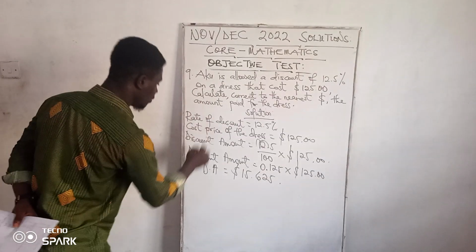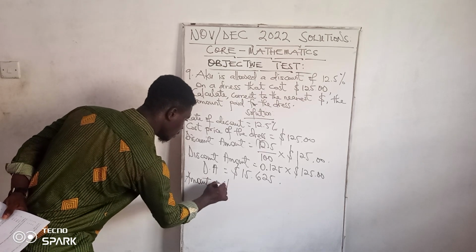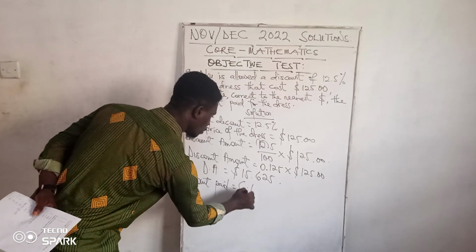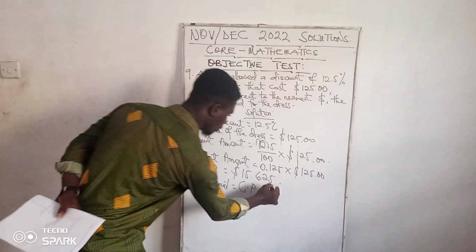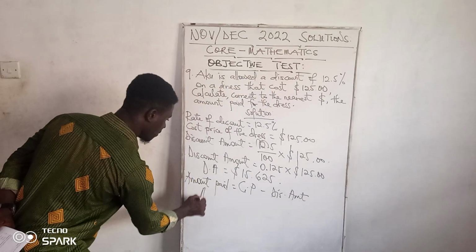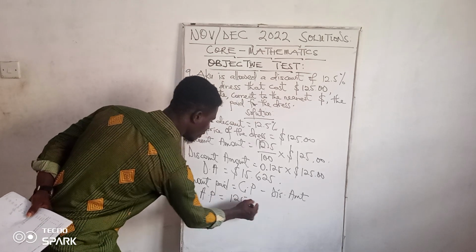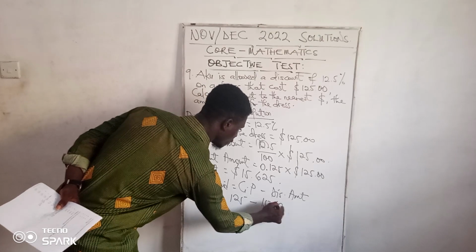So amount paid. So my amount paid must be equal to what? The cost price of the item minus the discount amount, right? So my amount paid, which is AP, equals cost price 125 minus 15.625.